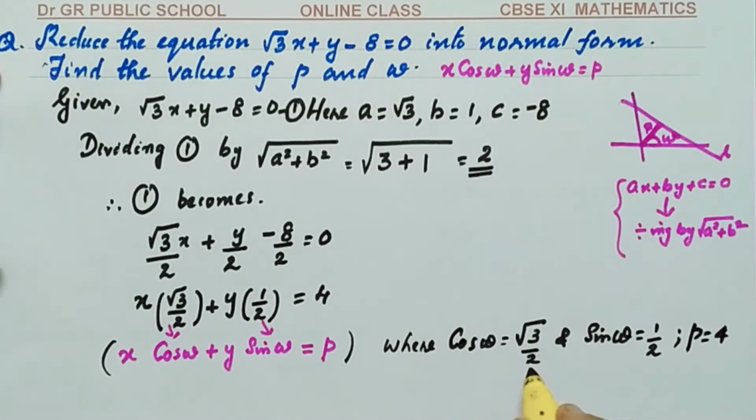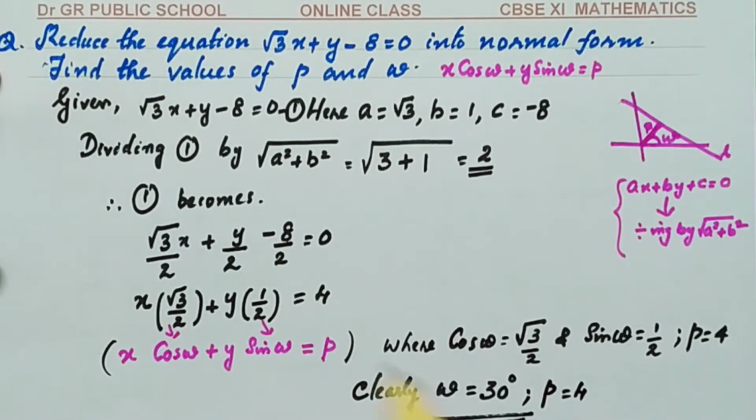Which value of omega gives root 3 by 2 for cos and 1 by 2 for sin? Sin 30 is 1 by 2 and cos 30 is root 3 by 2. So clearly omega equals 30 degrees. So p equals 4 and the angle omega equals 30 degrees.